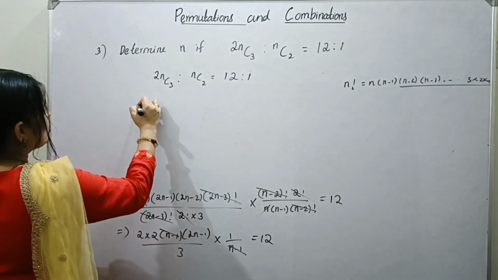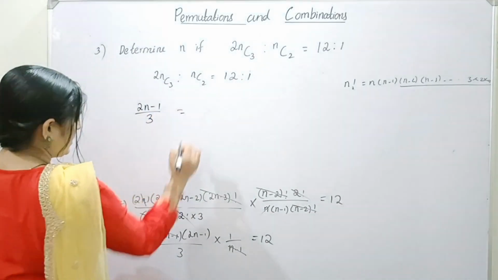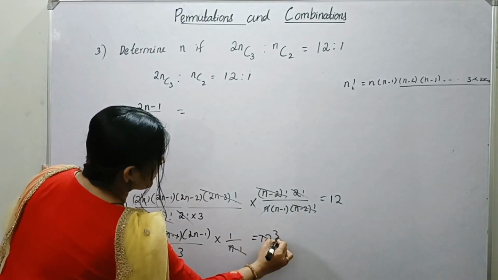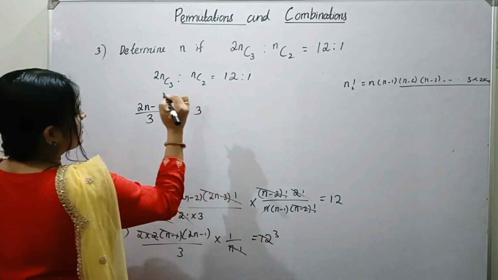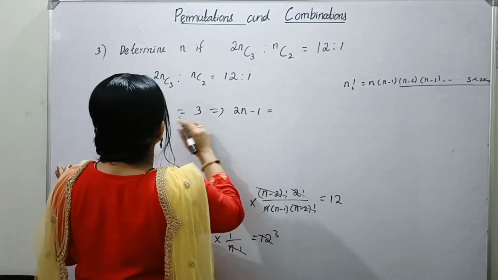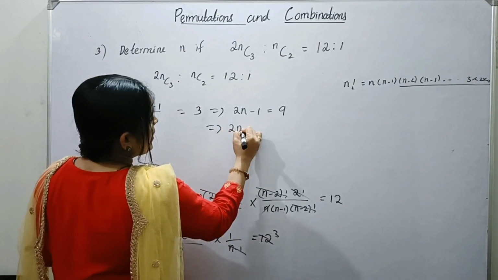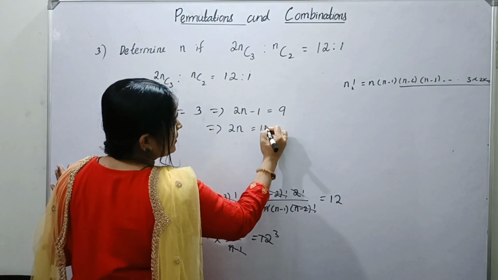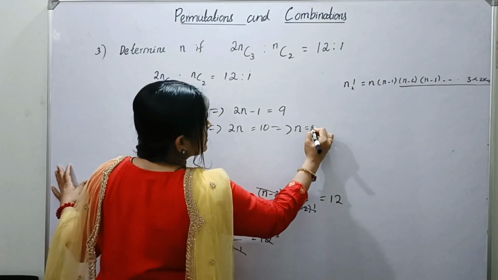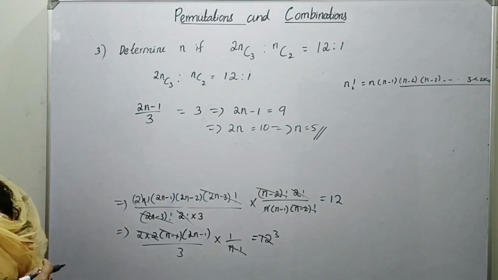So remaining here is 2n minus 1 divided by 3. That implies 2n minus 1 is equal to 3 into 3, 9. That implies 2n is equal to 9 plus 1, 10. This implies n is equal to 5. So we have got n is equal to 5.